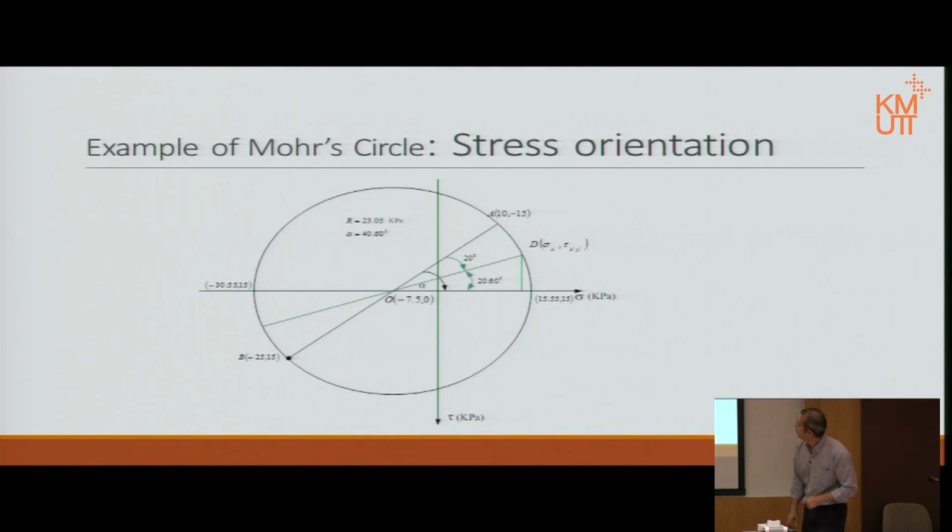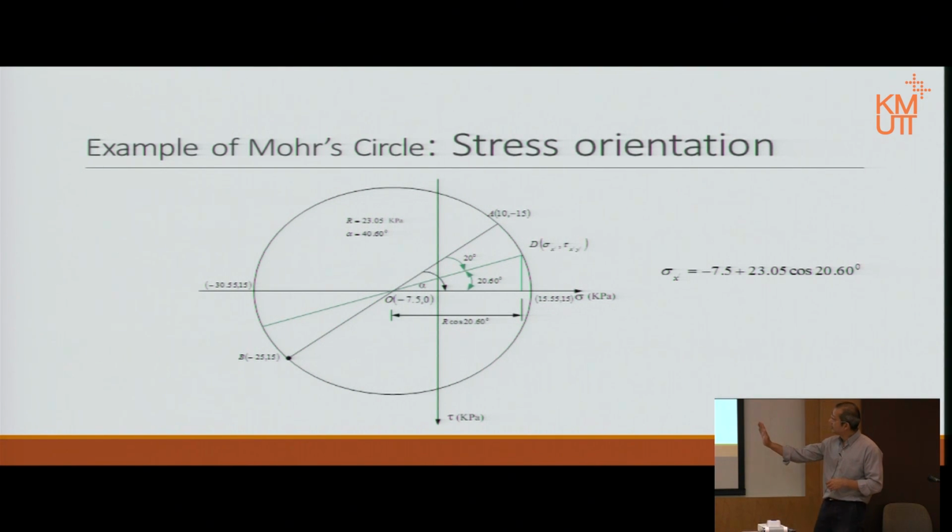And of course we know the angle, and if we know the angle, then we can work out the height of the side using sine and cosine. And then sigma x prime, which is the coordinate, using the original point we measure at the center, minus 7.5 plus the length, in this case the radius times cosine 20.6.